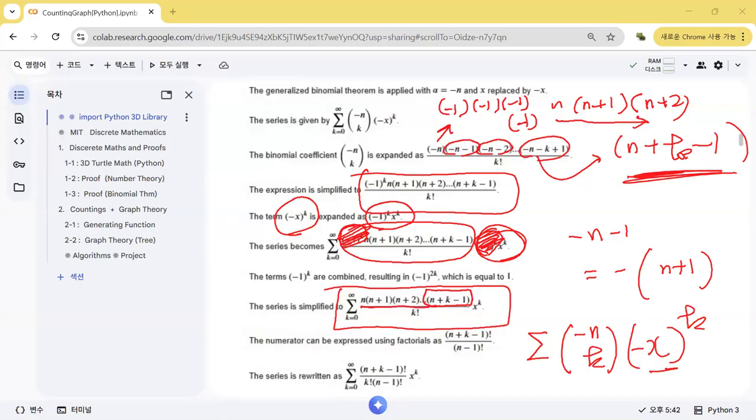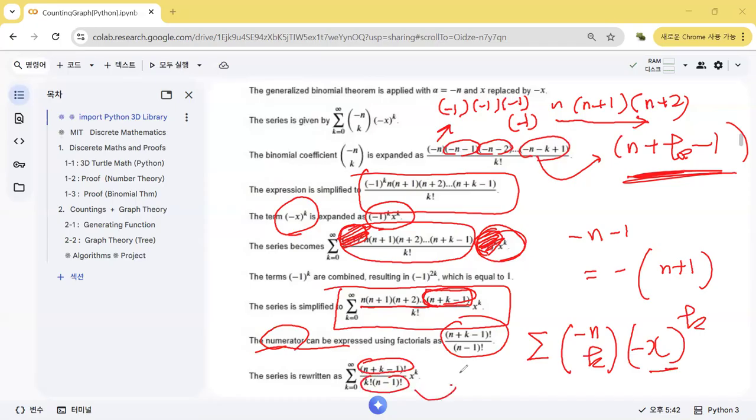So you can convert this into the numerator, and the denominator is this one.